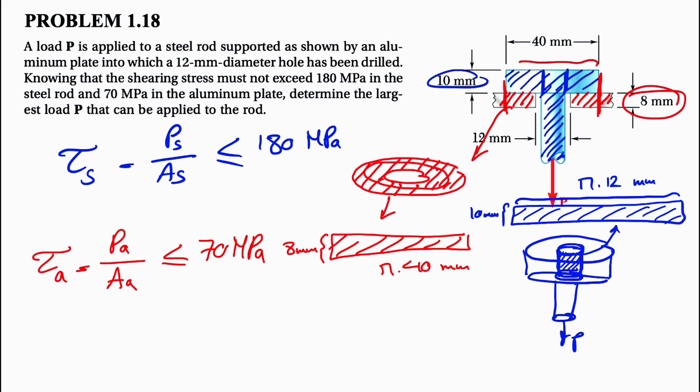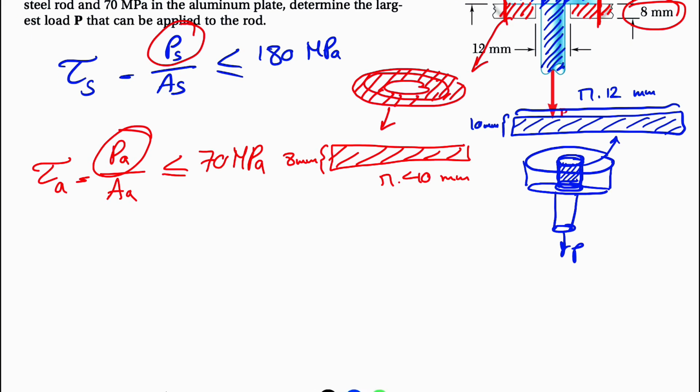From here we can find two forces, the P's, that show the tolerance for each of these two members. Based on these two forces, we're going to go with the lowest, because that's going to be our safe choice to avoid failing of either member. Let's start with the first one. Everything's color coded, so we're going to go with the force in the steel first, in blue.